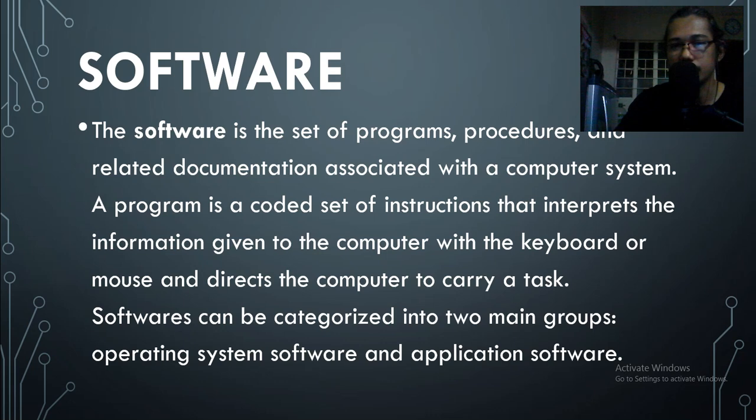So we use the keyboard and mouse to give a command to our computer, to our software. No? Software can be categorized in two main groups. So we have two main groups of software. This is the operating system software and the application software.